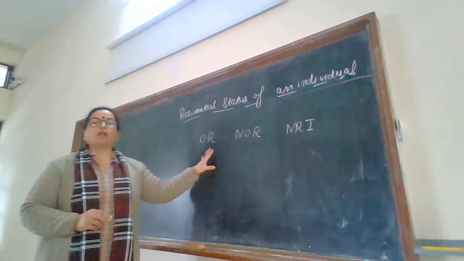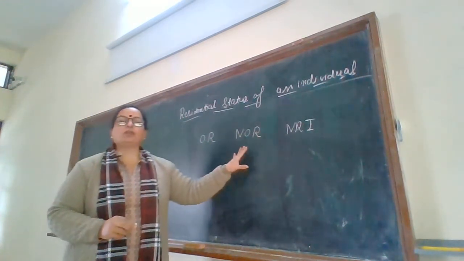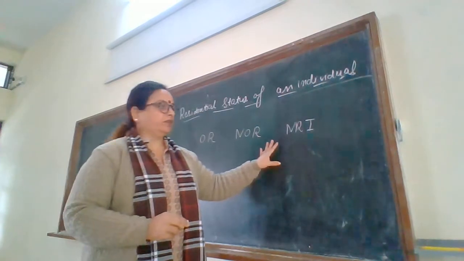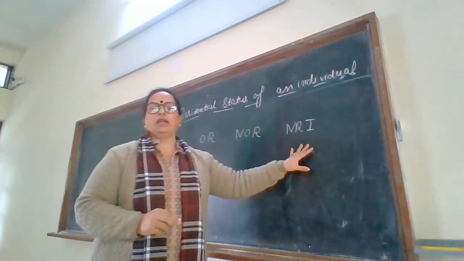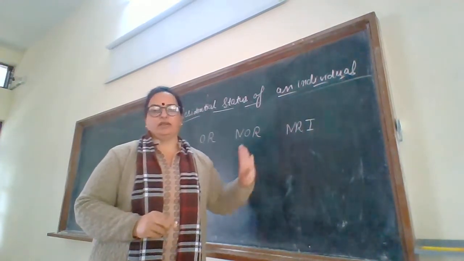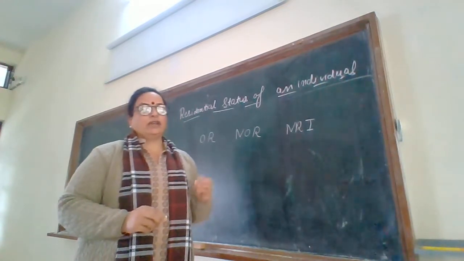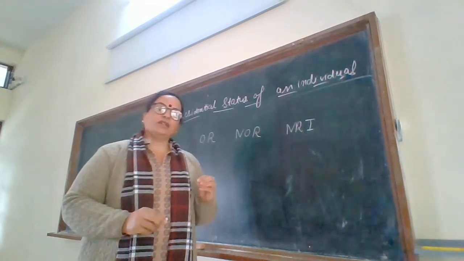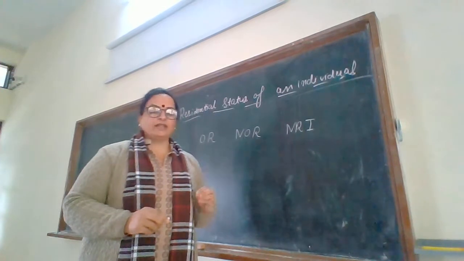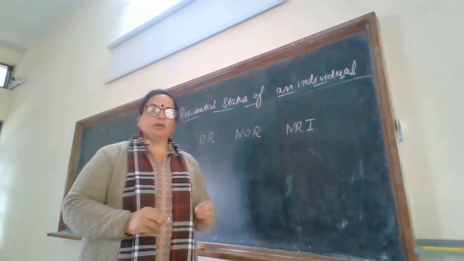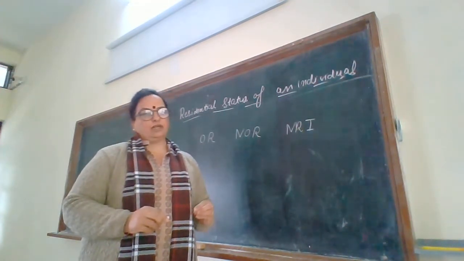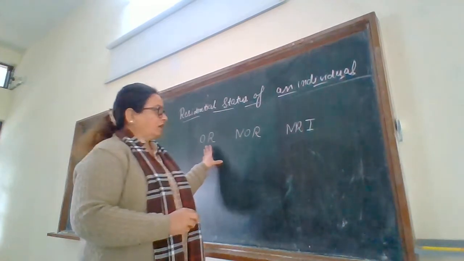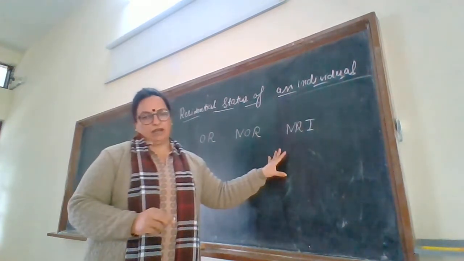OR means ordinary resident. NOR means not ordinary resident. NRI means non-resident individual. Now, from the income tax point of view, first of all, it is very significant to determine whether an individual is an OR, NOR, or NRI.